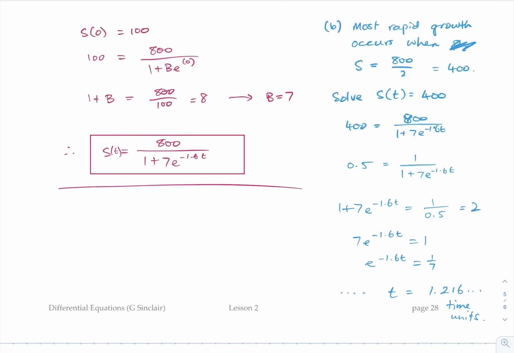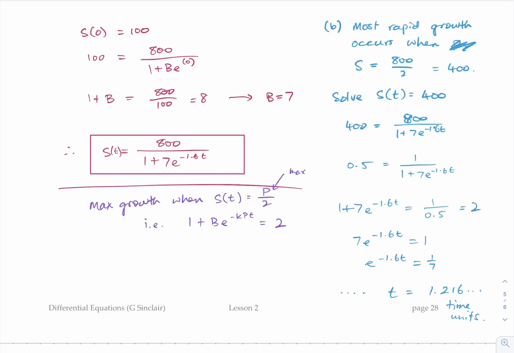So here we are. Right, so the max growth occurs when S of t equals P on 2, right? Remember, P is our maximum in this case. So 1 plus B e to the negative kPt equals 2.